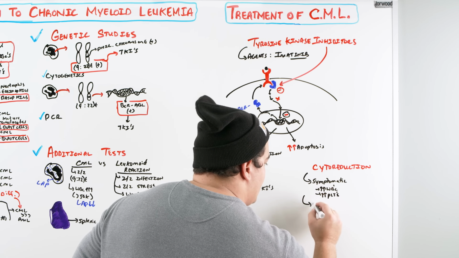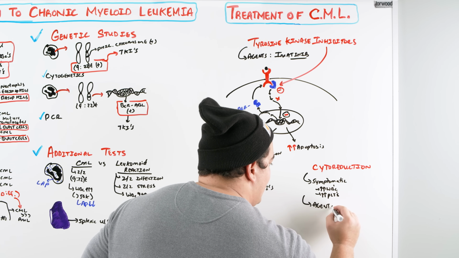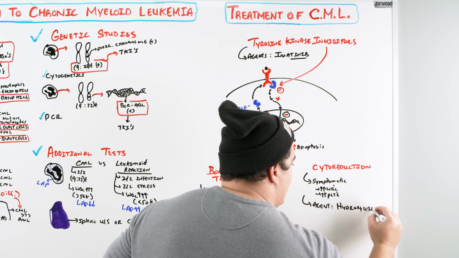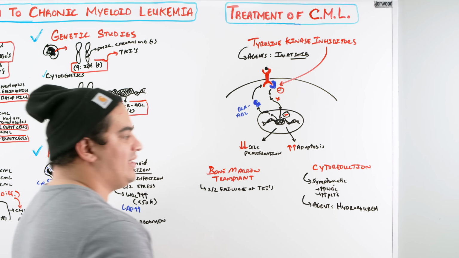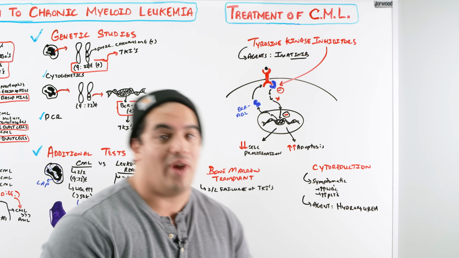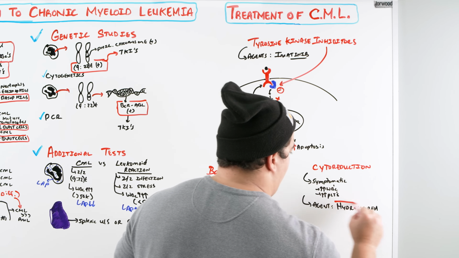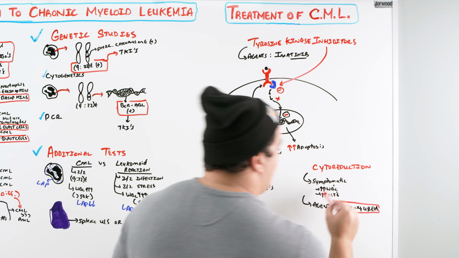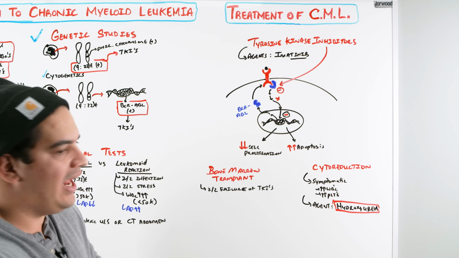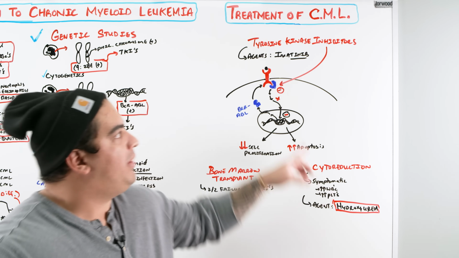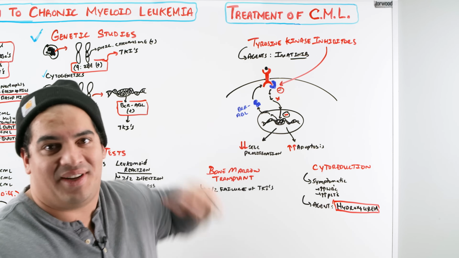We use a very specific agent here, something called hydroxyurea. This is helpful in knocking down your white cell count, especially when it is strikingly and alarmingly high. So I want you guys to remember hydroxyurea. If they have symptomatic high white blood cell counts and high platelets, you can consider hydroxyurea to really drop down their white cell count. But the mainstay of treatment is tyrosine kinase inhibitors.